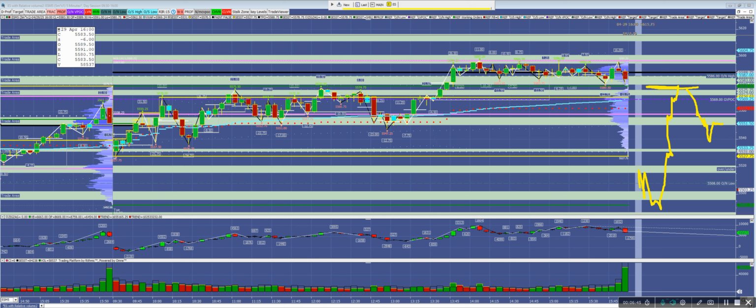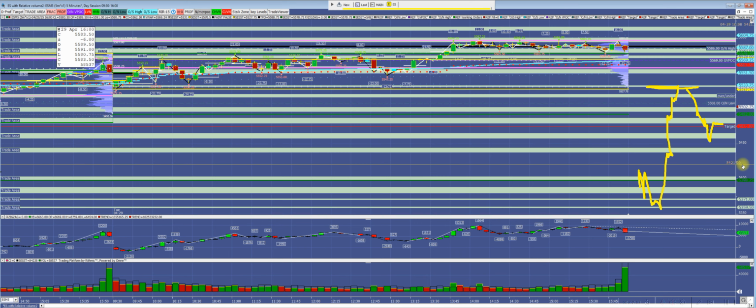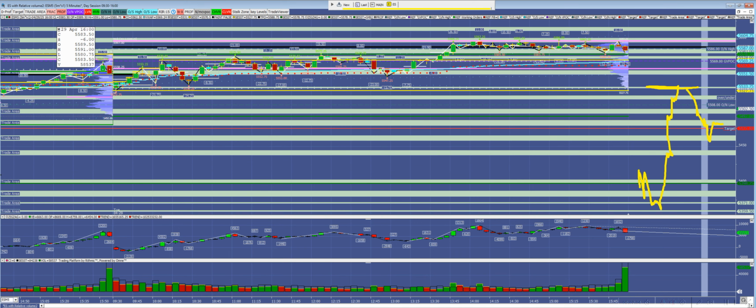My second hypo is a failure to get back above. So an open auction in range. Oh, I have to bring this down a bit. Sorry that I'm going to just erase that now because that's not going to make much sense now where this is.